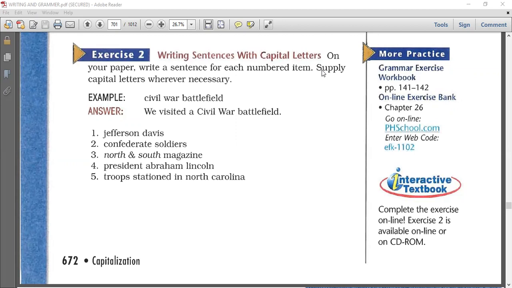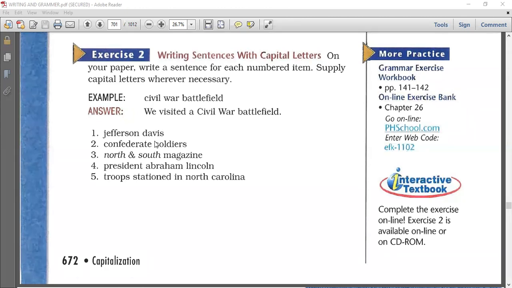I'll go to Yasin. Yasin, where is Yasin? Yasin is here. Yasin, can you use these two names in a sentence of yours and capitalize them? Jefferson and Davis?